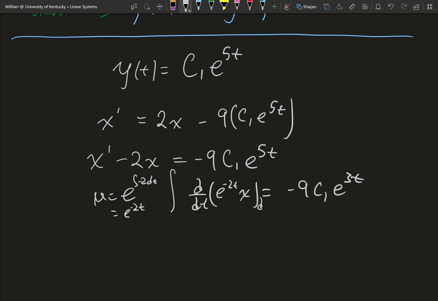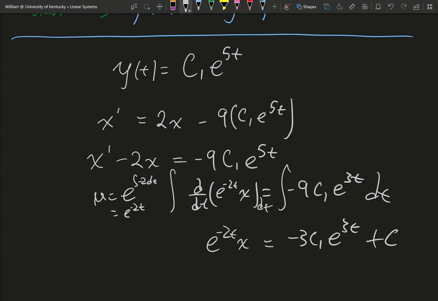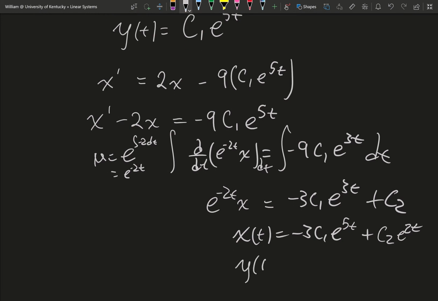We integrate both sides to get e to the negative 2t times x equals negative 3c1 e to the 3t plus our other constant c2. And now we see that x of t is equal to negative 3c1 e to the 5t plus c2 e to the 2t. And I'll just rewrite y so I can circle it and have my final answer.